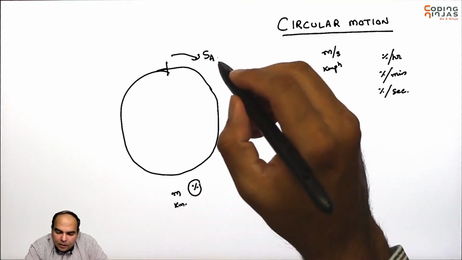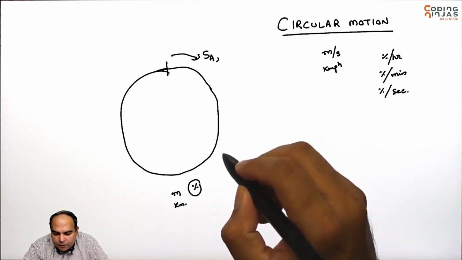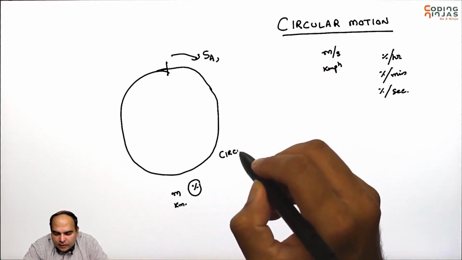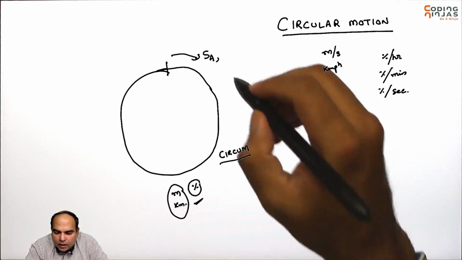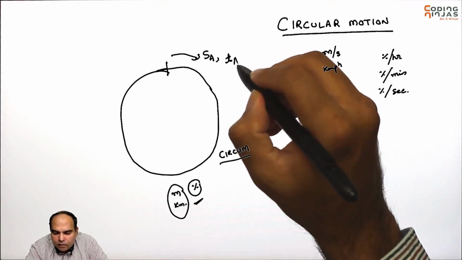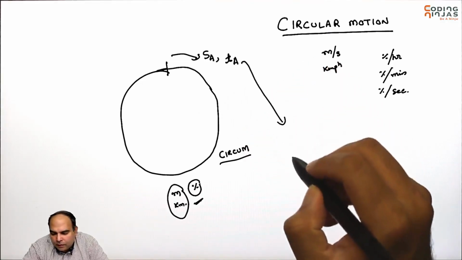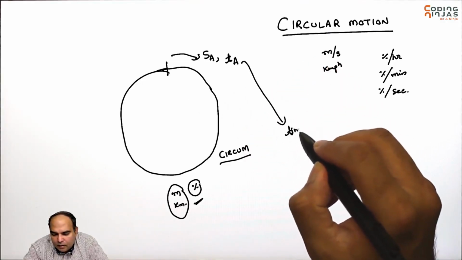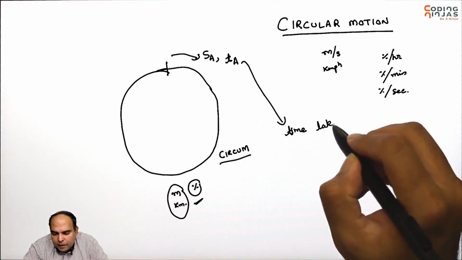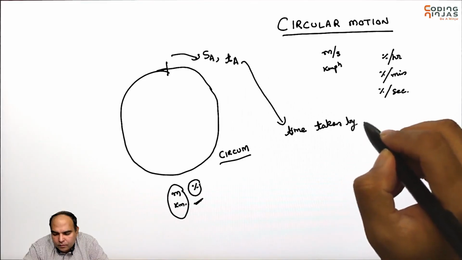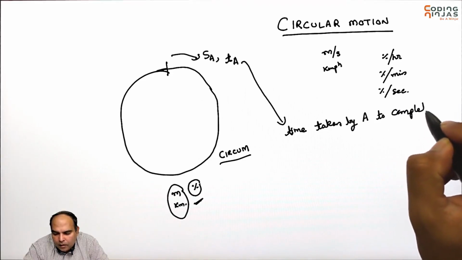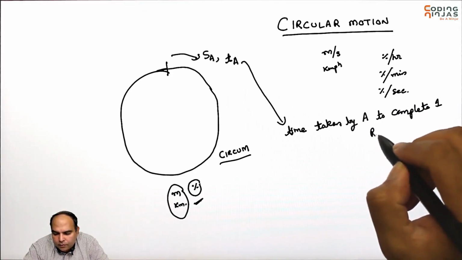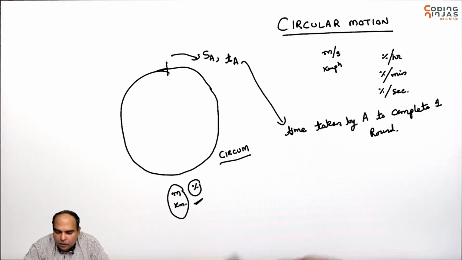Apart from that, the other variable is the circumference of the circle. As I said, that's the second variable, and it can be taken in meters, kilometers, or percentage. The third is TA, which is defined as the time taken by A to complete one round around the circle.